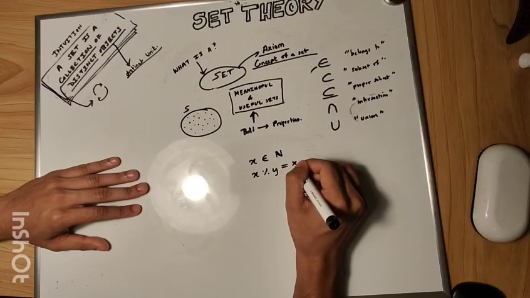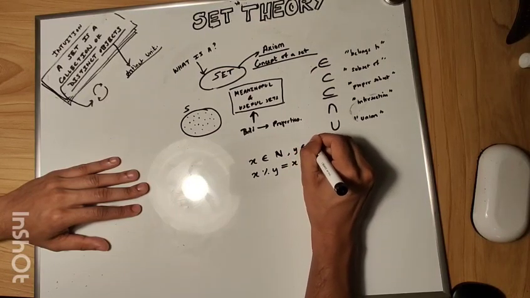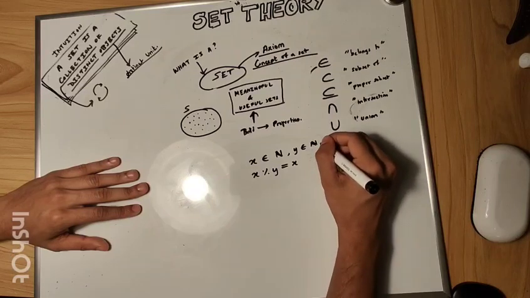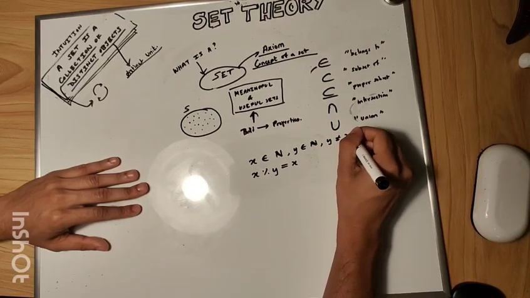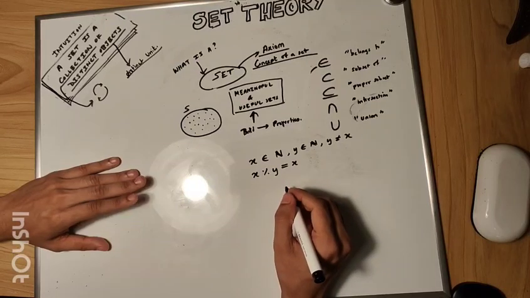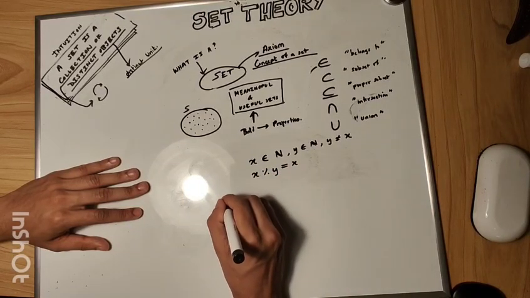That is one of the most fundamental properties. We also have y belongs to natural numbers, and we also have y not equal to x. So we can just tidy it up and write it nicely and cleanly in set builder notation.